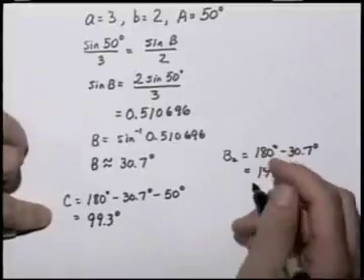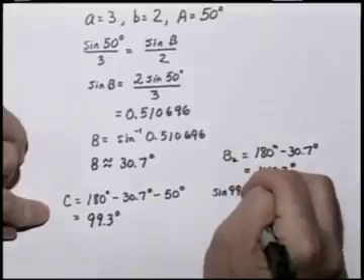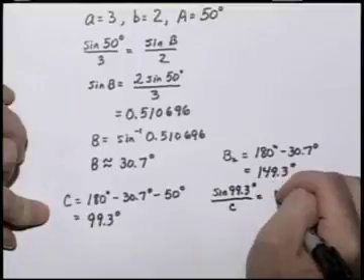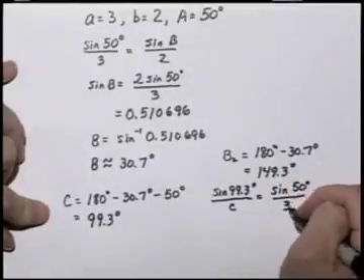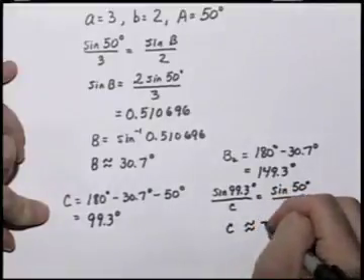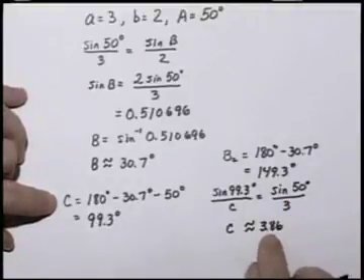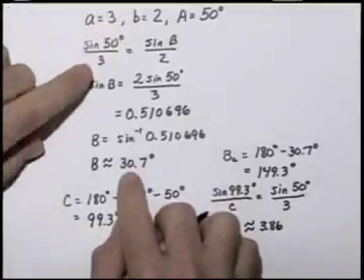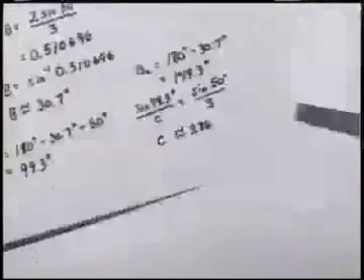Now I can use the law of sines and say that the sine of 99.3 degrees divided by the length C equals the sine of 50 degrees over the length of side A, 3. If I solve this, I get that C is approximately 3.86 units. So now the longest side is opposite the largest angle, and the shortest side is opposite the smallest angle, so I should feel reasonable that my answer is correct.